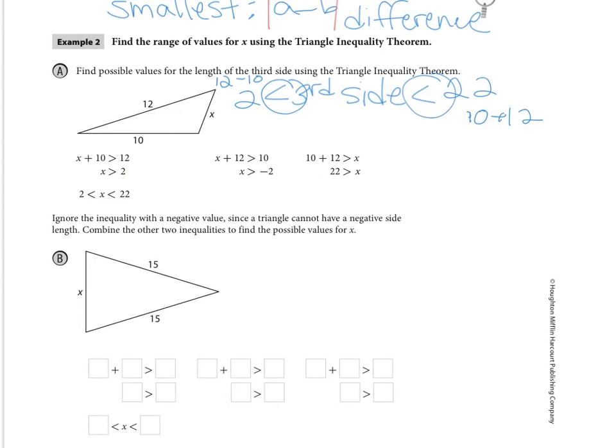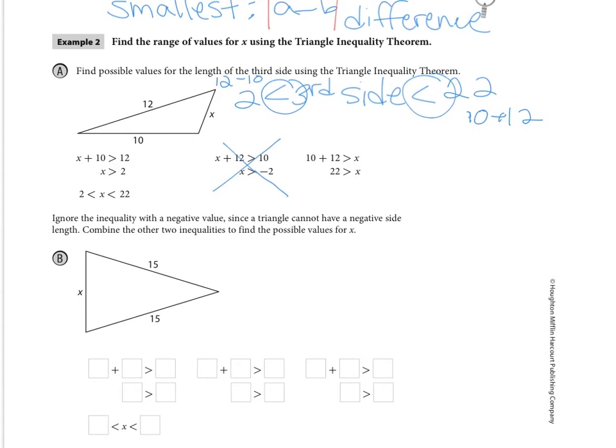So you get x is greater than 2, and x is greater than -2. Well, that one doesn't hold because we can't have a negative value for our side length, so we ignore that one that comes out negative. And then the other is 10 plus 12 is greater than x, so 22 is greater than x.